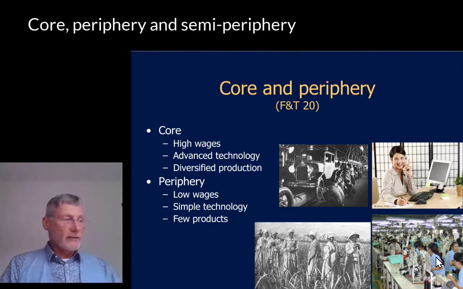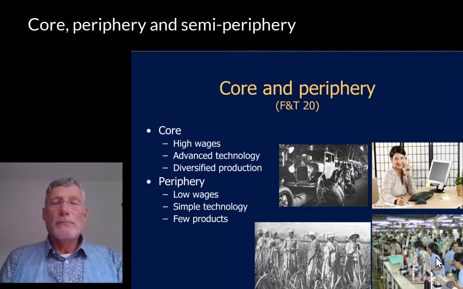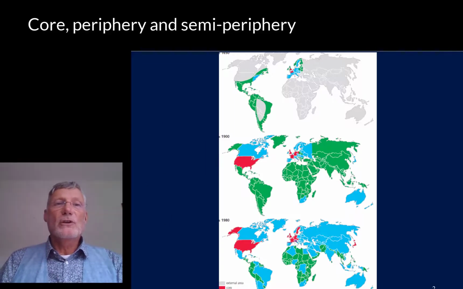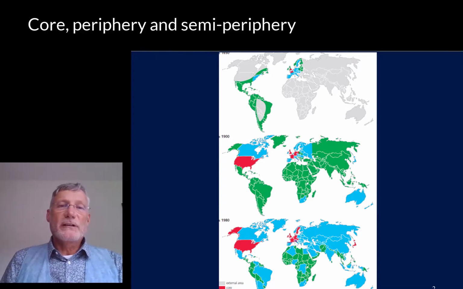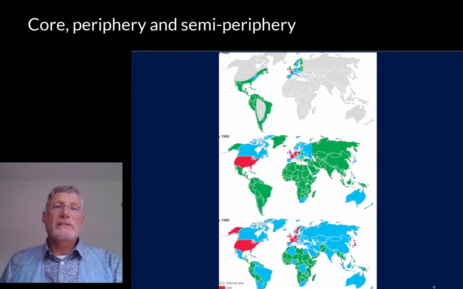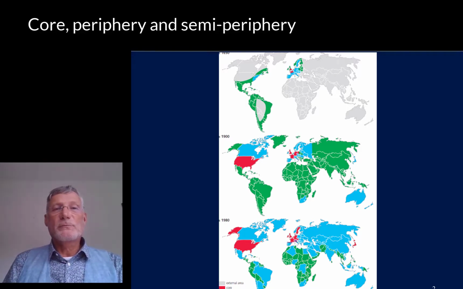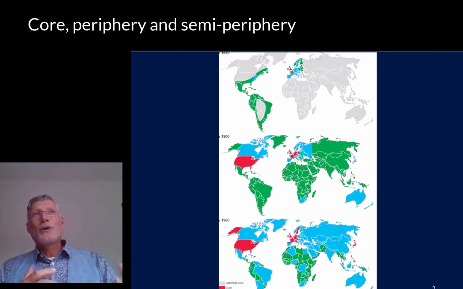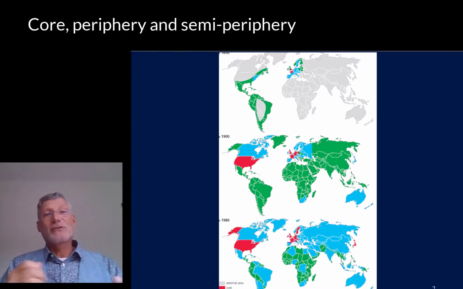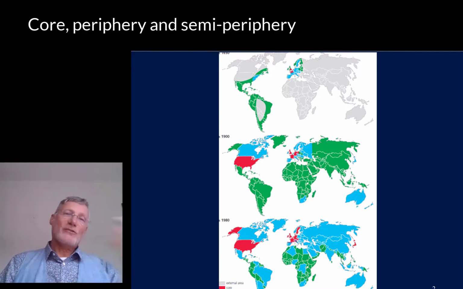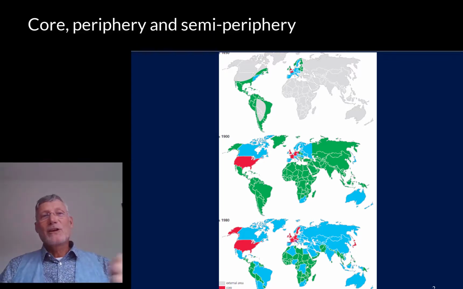That's what Flint and Taylor very importantly stress. And then you can map where those processes are, and they become dominant in a specific area, and they become dominant for specific states. So you have core processes and peripheral processes, but you also have core states and peripheral states.